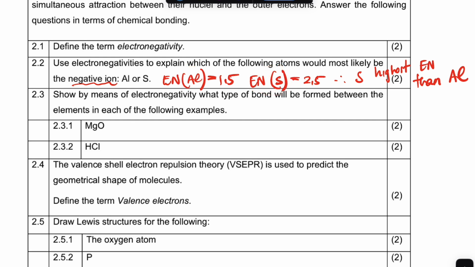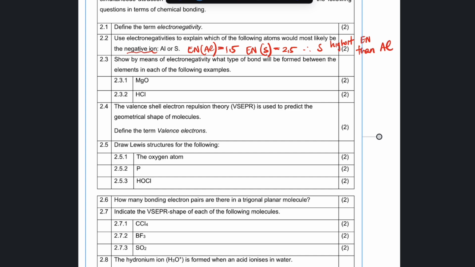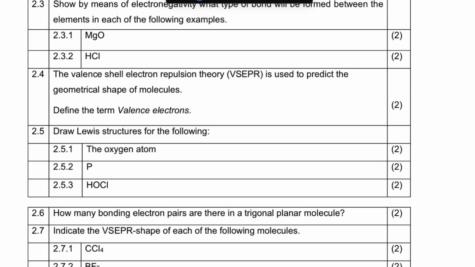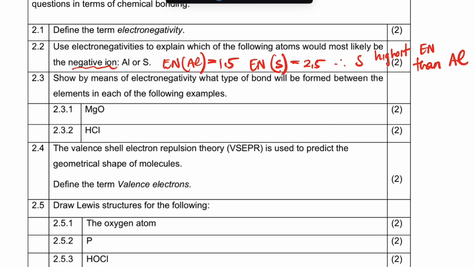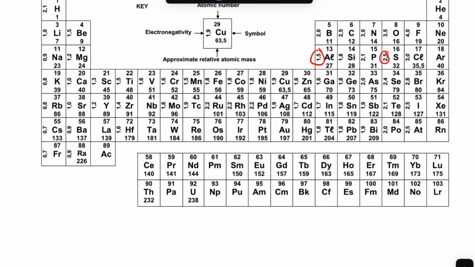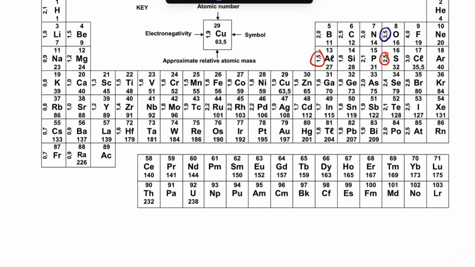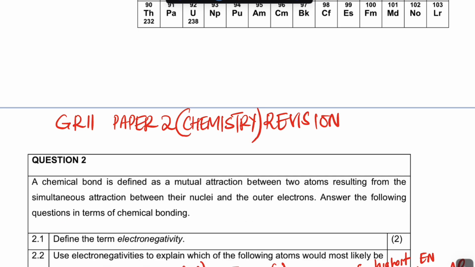Now 2.3 says show by means of electronegativity what type of bond will form between the elements of each. So for the bond, guys, you calculate the electronegativity difference. You must know the electronegativity of magnesium. So you say the change in electronegativity: you start with the big one, the bigger electronegativity minus the smaller. It's oxygen and magnesium, so you start with oxygen.